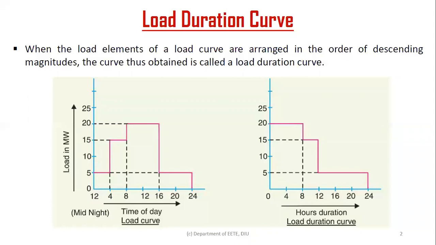The highest peak at first, and we have to calculate the number of hours of that highest peak, then the next highest peak and the number of hours, then the next highest peak, and that way we put from 0 to 24 hours.